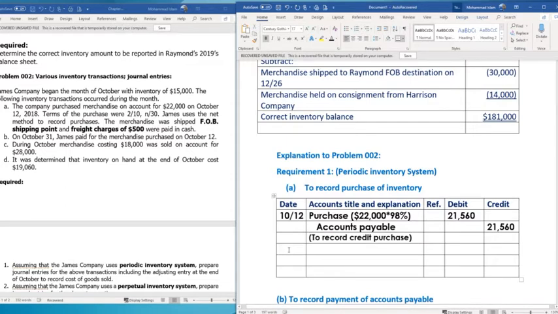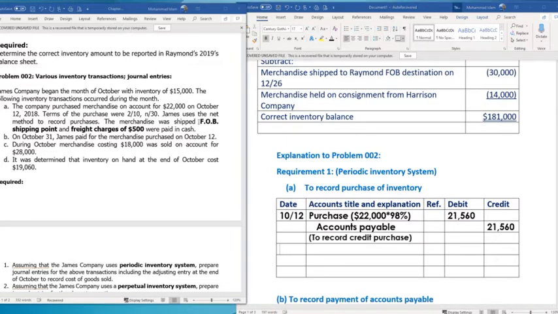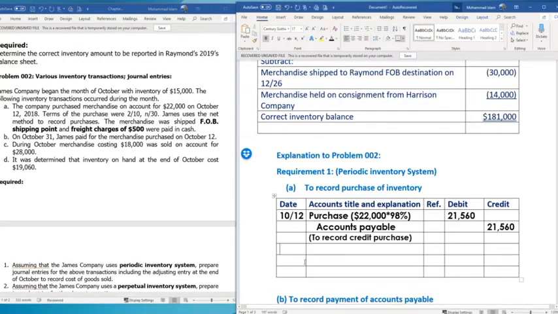And then, this is free on board shipping point and the freight charge was 500, so we need to pay the freight charge as well. So let's record the freight cost: freight in debit, that is 500, and we paid in cash 500.